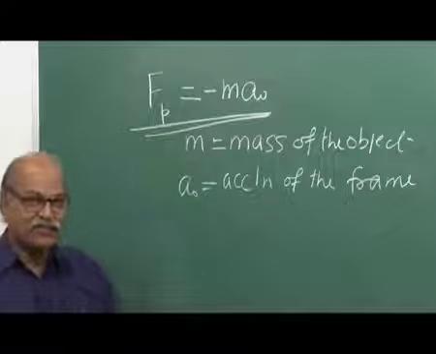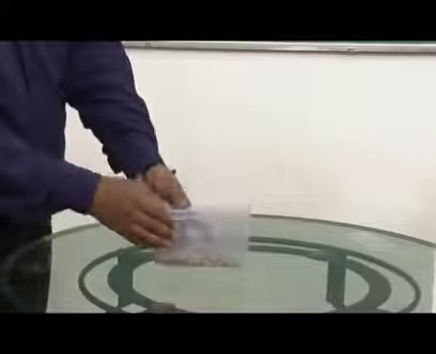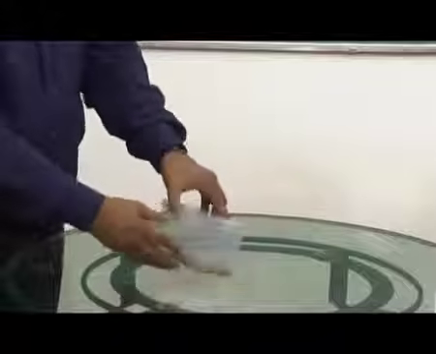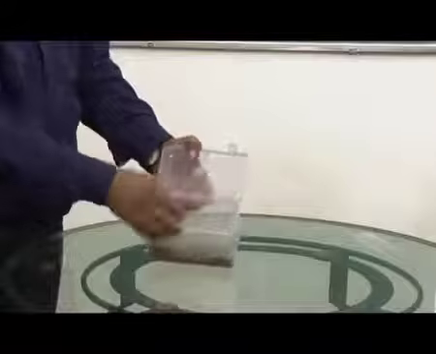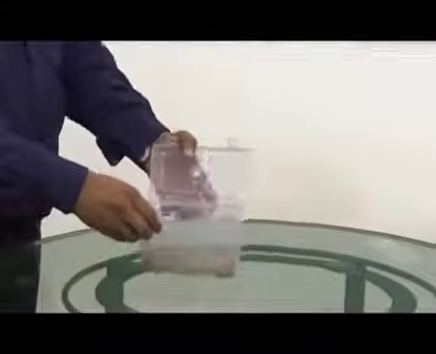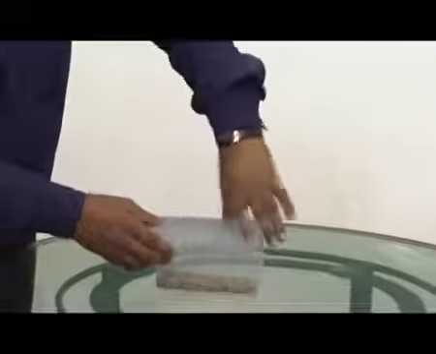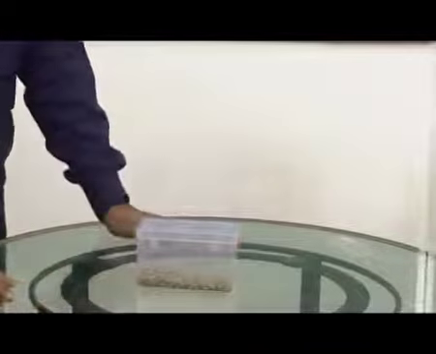So let us do an experiment on this. Here is a plastic box, and in this box what I have put is some kind of these pulses, all spread on the base, and I close the lid. This slab is our inertial frame and it is stationary.